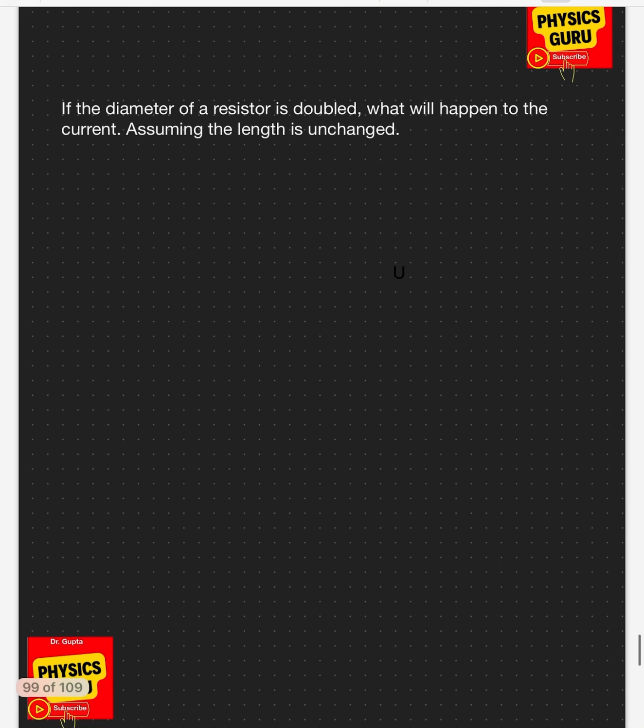Okay. So for this problem, if the diameter of a resistor is double, what will happen to the current? So let's write down all the equations here. So we know now R equals rho L over A. A is the cross-sectional area. So when I say cross-sectional area, what does this mean? Now let's say you have a cylinder.